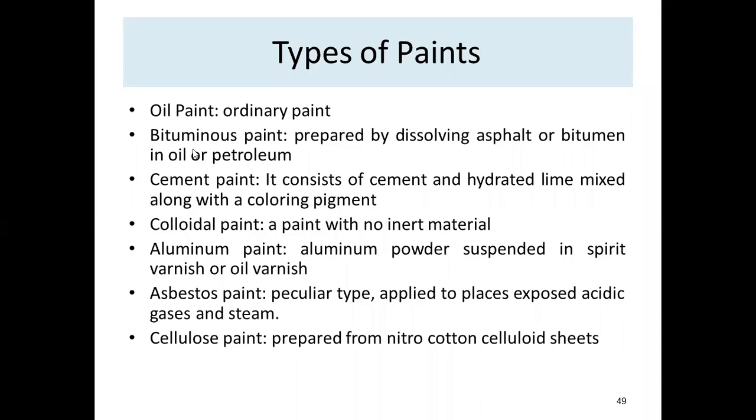A cement paint should have various qualities. First, it possesses better waterproofing qualities, which means it prevents the entry of moisture. Also, it possesses good strength, hardness, density, and durability.